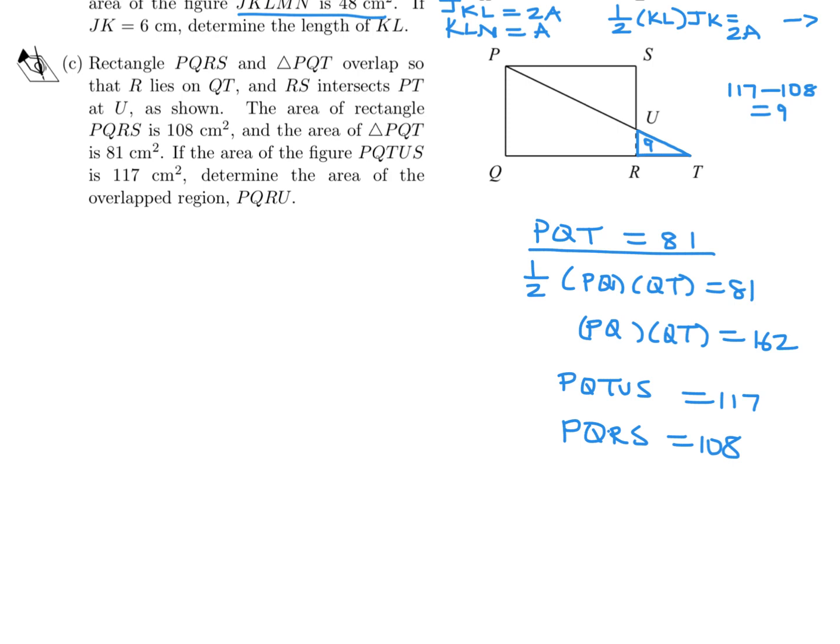So this PQRU, this guy, PQRU, that's just going to be PQT minus that URT. So that's going to be 81 minus 9, which is 72. I think that's it.